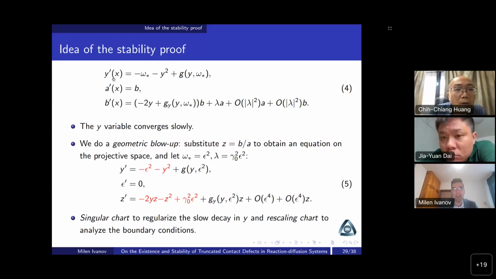So here I just copied the equation from before and the saddle node equation, and then I have A prime is B, B prime is whatever remains. But that's linear, right? You can see this is a second order linear equation. And what's characteristic of this equation is that the y variable converges slowly.